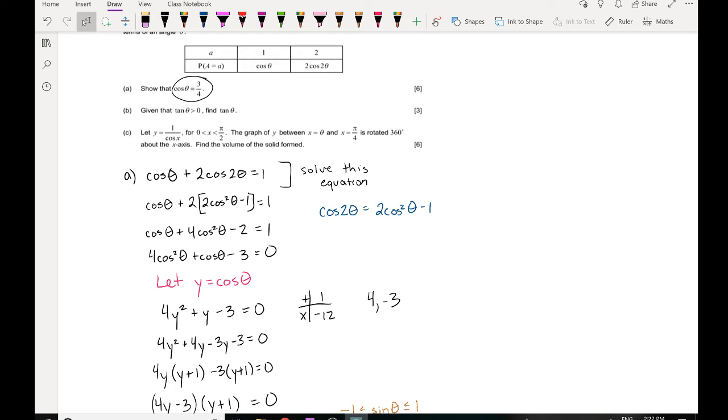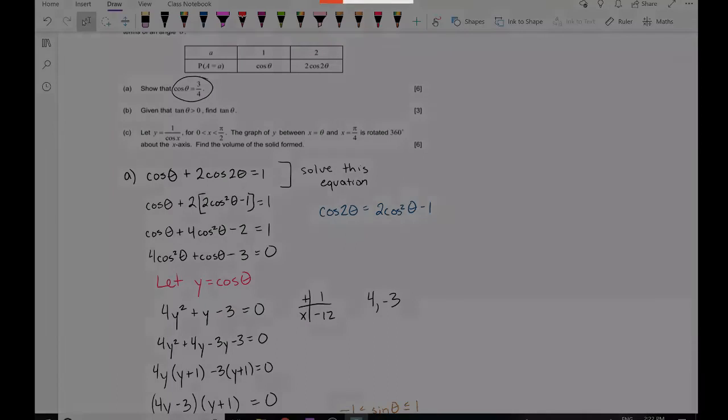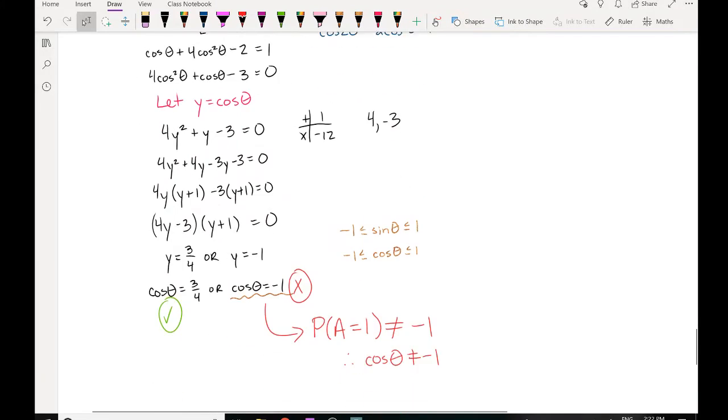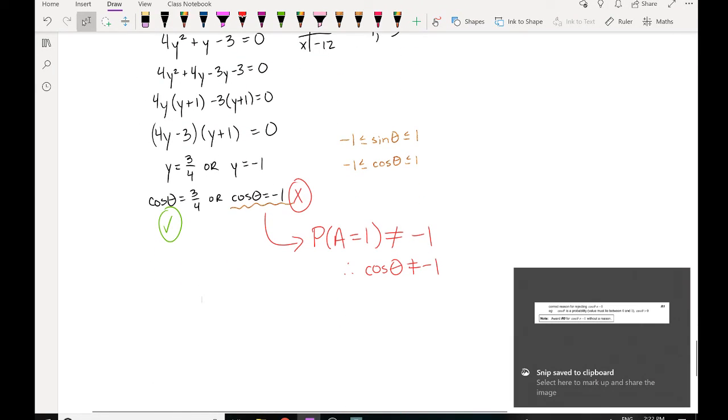Yep. So according to the mark scheme, they would have taken off a mark for reasoning if you didn't reject the minus 1. If you just assumed that everything was good, then you would have actually lost out on that last mark. I'm gonna screenshot that into the mix here, just so you can see.